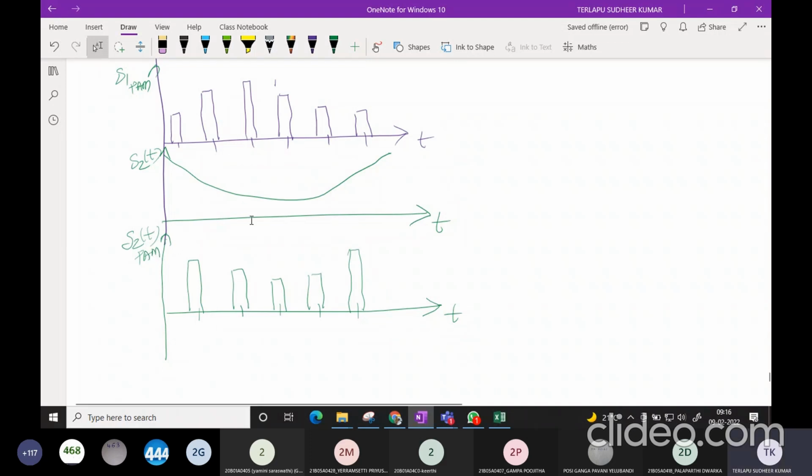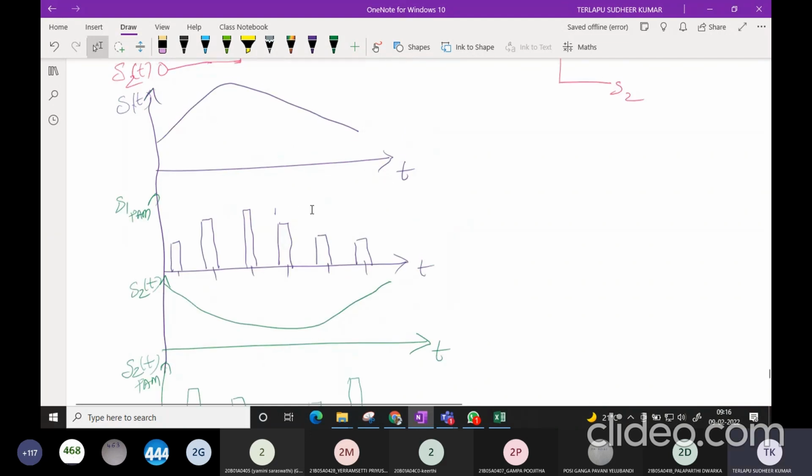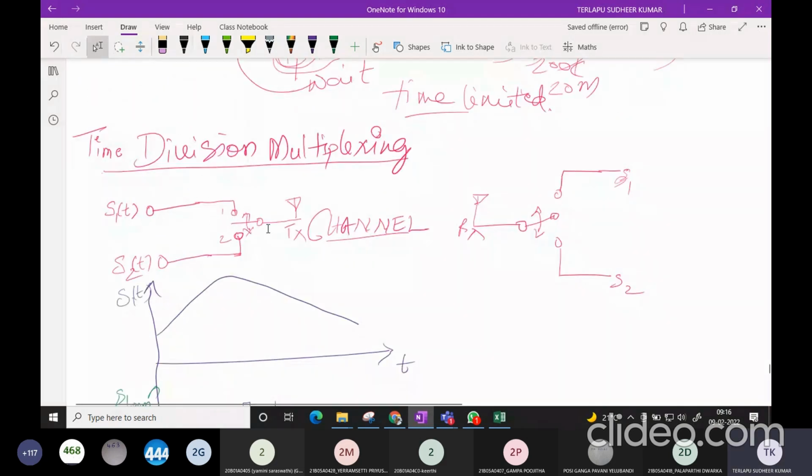Now the question here is, if you observe carefully, I said there is a switch. There is a switch S which continuously switches from 1 to 2 and 2 to 1 over a certain period of time. So I choose the switching action of this particular switch.